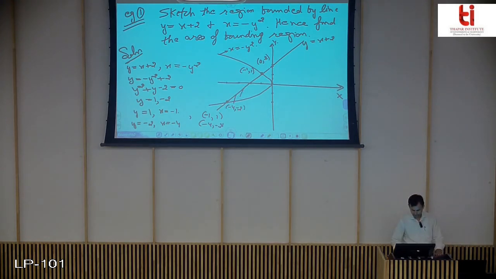So this is the region of integration lying between the curves x equals minus y square and y equals x plus 2. And this is your first step: sketching the region of integration and labeling the bounding curves. Labeling the bounding curves means you find all the points of intersection and all the points relevant for finding your double integration.